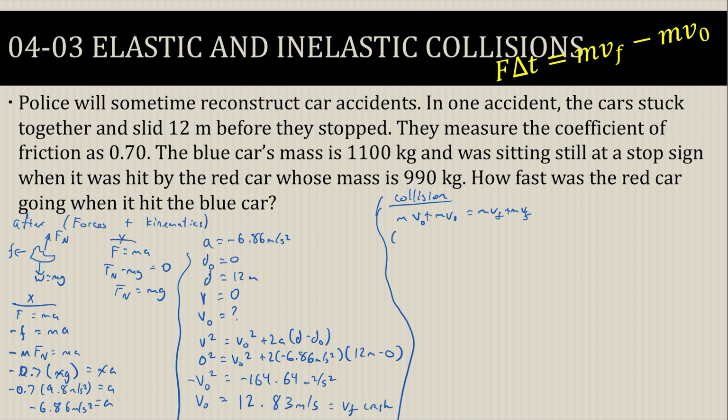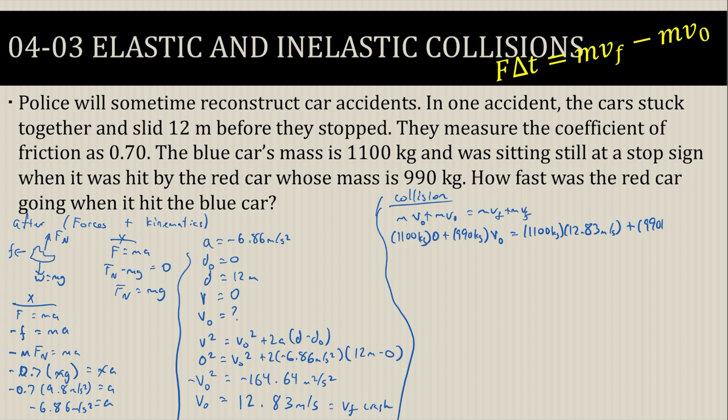So the one car is 1,100 kilograms, and that blue car was sitting still, so its initial velocity was 0. The red car was 990 kilograms, and we're looking for its initial velocity. After the collision, they are moving at 12.83 meters per second.